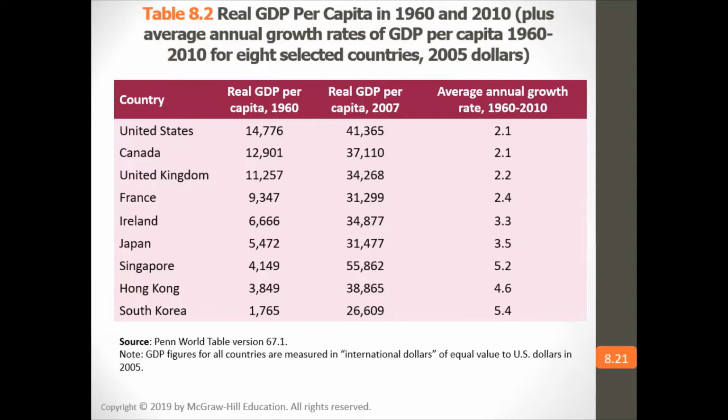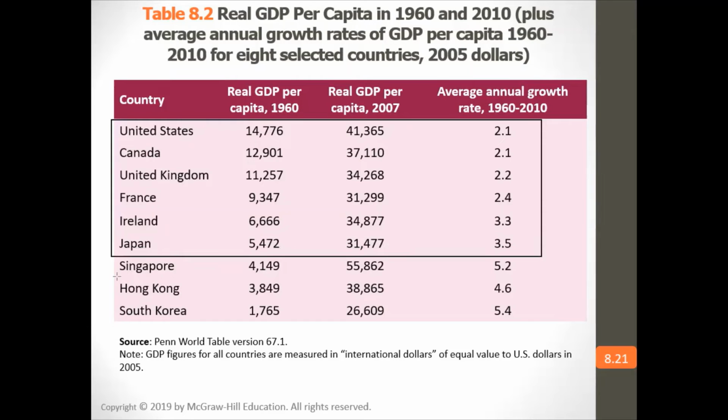So South Korea, Singapore, and Hong Kong have been growing a lot more lately because they grew a lot during 1960 to 2010. They were small economies and had a lot of room to grow. While places like Japan, Ireland, France, United Kingdom, Canada, and the US were more mature, they grow at lower rates.